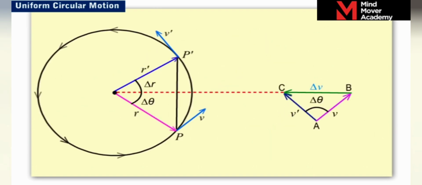The change in velocity delta v is obtained by using the triangle law of vector addition. v and r, as well as v dash and r dash, are perpendicular to each other, as v and v dash are tangential to the circle, and r and r dash are the radii of the circle.